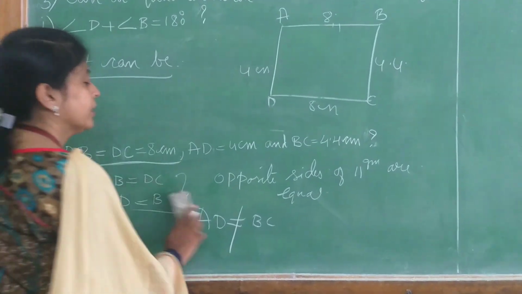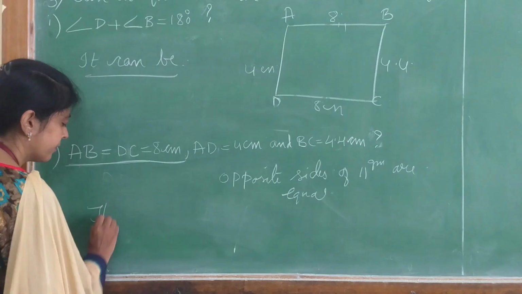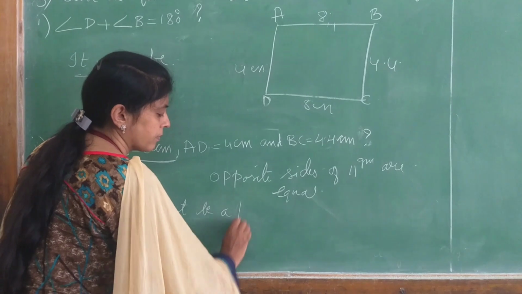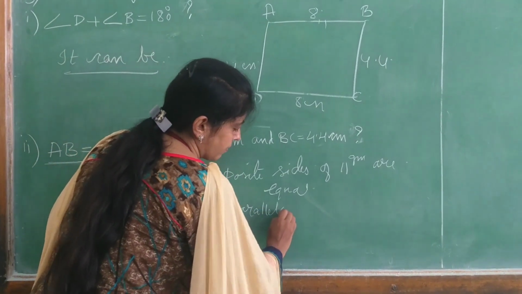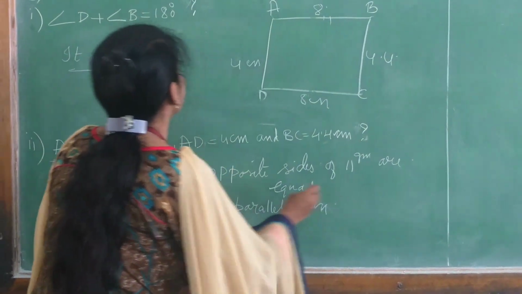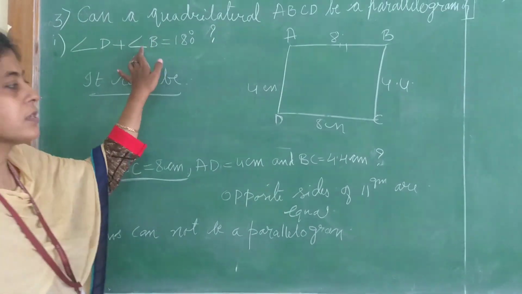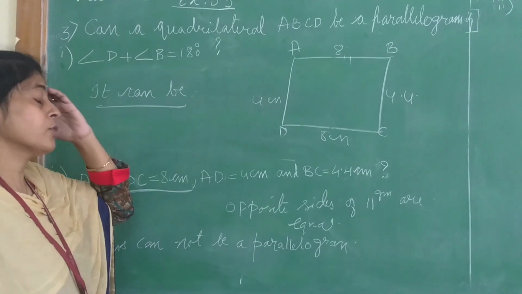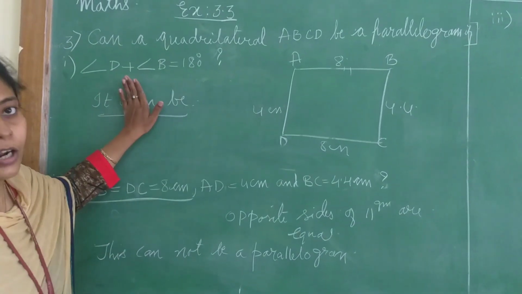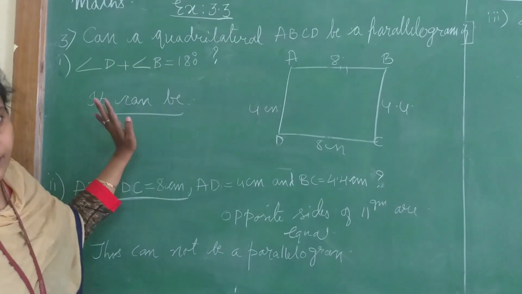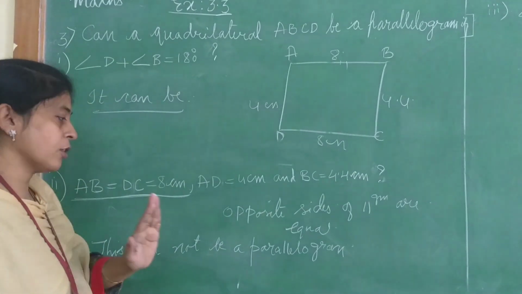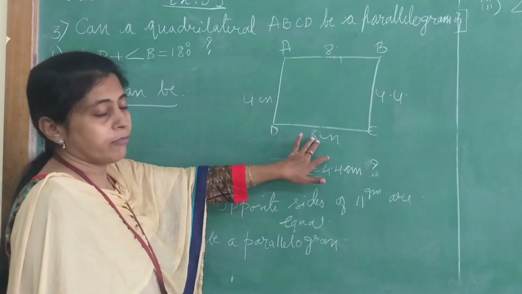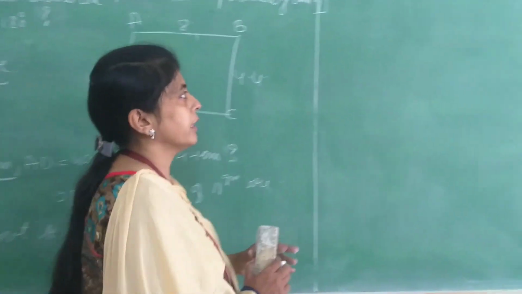So this cannot be a parallelogram. On the basis, as we said, if it is a rectangle or a square, it can be a parallelogram, otherwise it is not necessary. So it can be, but not necessarily. But this is not possible because we know that opposite sides are always equal. Let us see the next one, next condition.